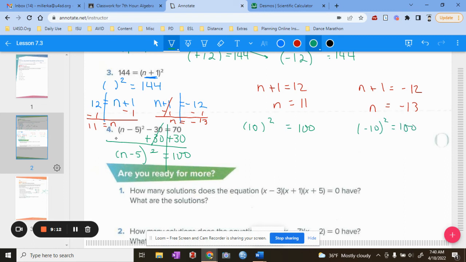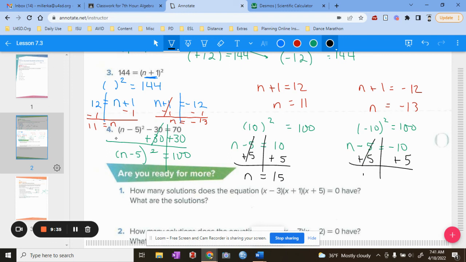So that tells me my n minus 5 can equal 10 or it can equal negative 10. So what I'm going to do now is add 5 to both sides and we get n equals 15. Again, here add 5 to both sides and we get n equals negative 5. So these are my two solutions.